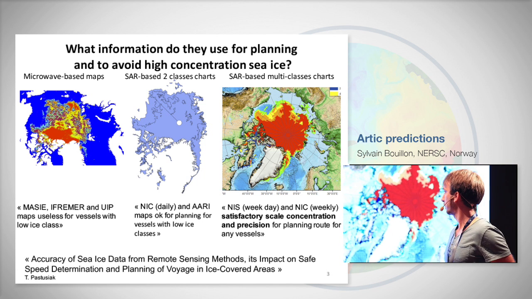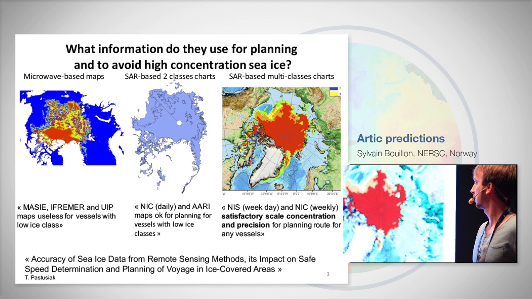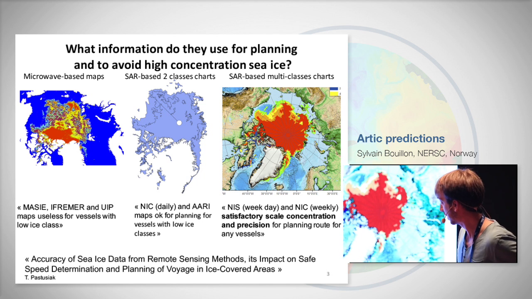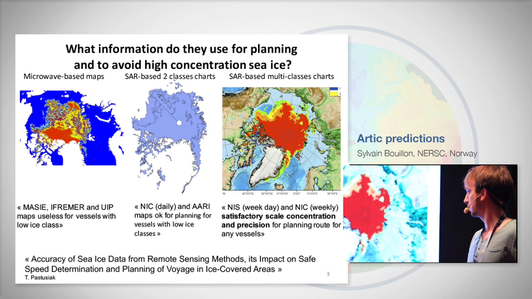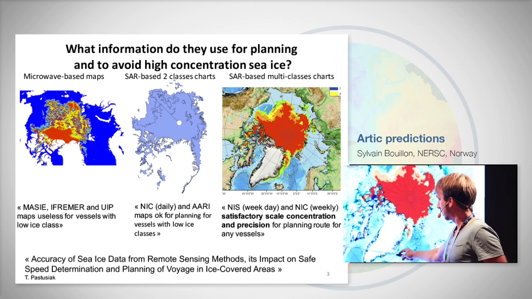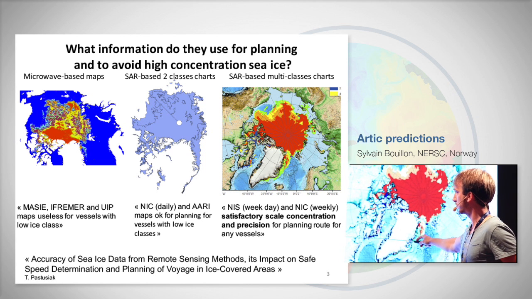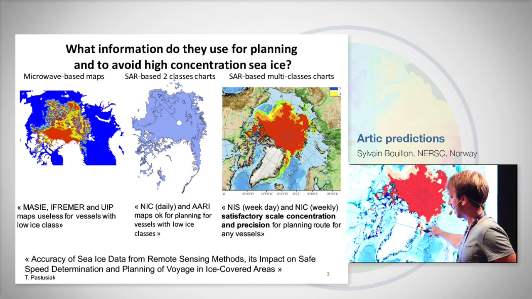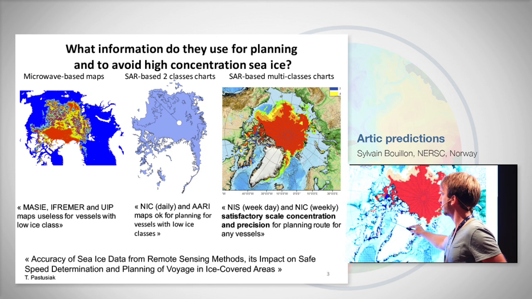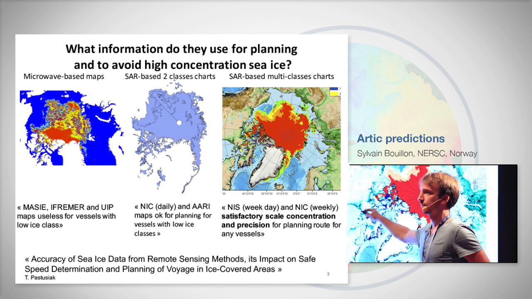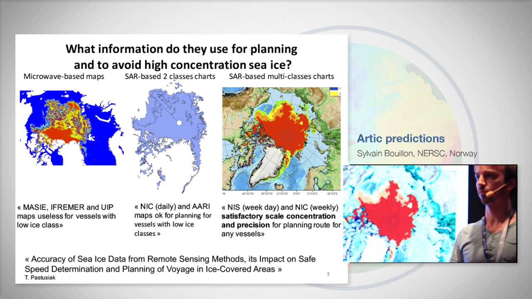This is an example from the US NIC, the National Ice Center. You have a limit that gives you the open water limit, which means that behind that there is no ice at all. And then they also give a second limit for the 80% concentration ice.